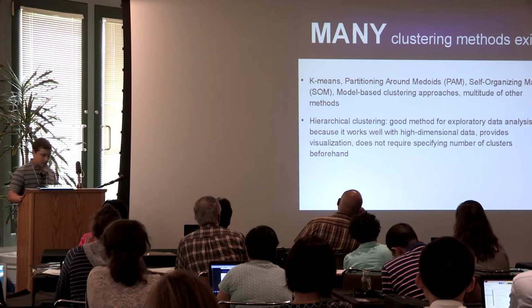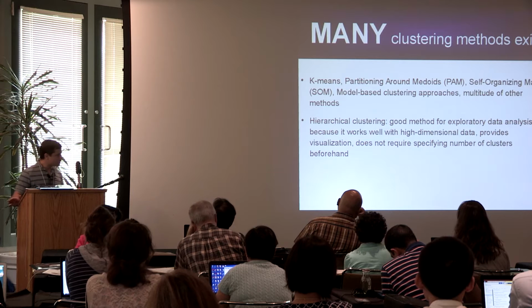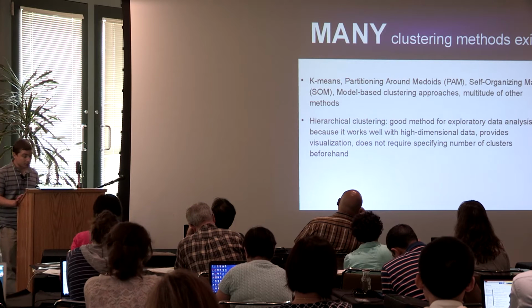Now, there are many clustering methods, and when I say many, I really mean many, as in hundreds or perhaps thousands. Some of the most popular or maybe just most classic ones go by the names of k-means, partitioning around medoids, known as PAM, self-organizing maps. There are model-based clustering approaches, and lots of other methods, and I really mean lots.